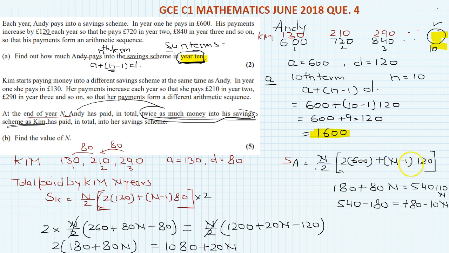So this is 120, this is 120, this is 120, so this is 60, so that is 360 is equal to 20n. So n is equal to 360 over 20.